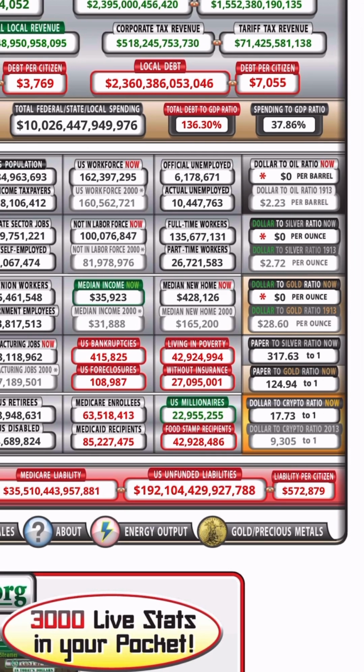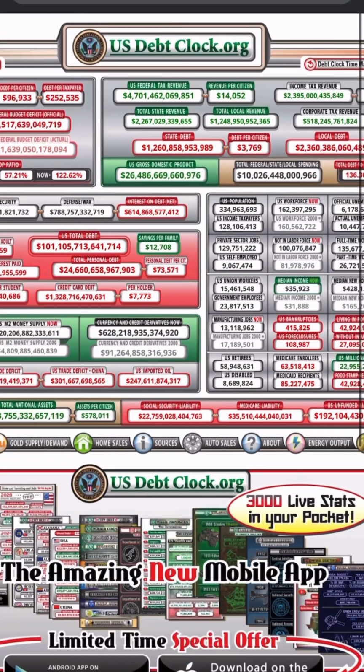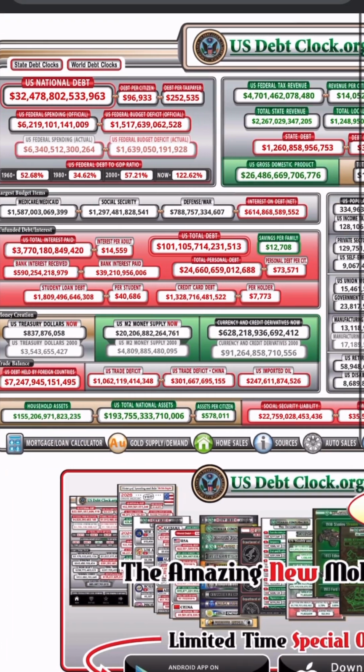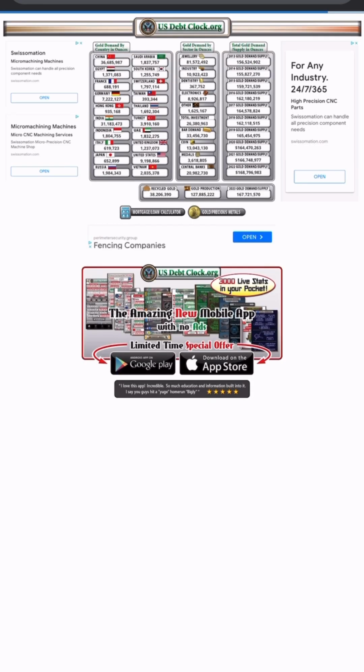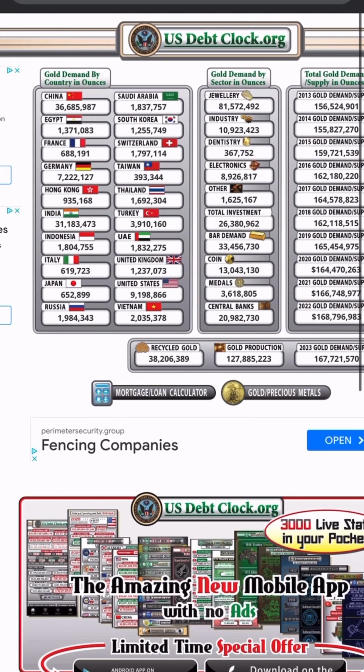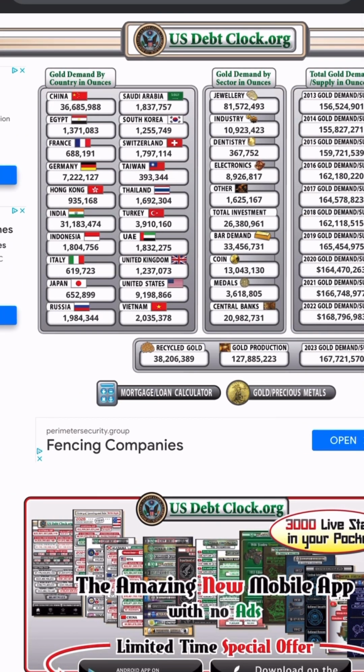That's interesting. That's why I really like looking at this U.S. national debt clock. And let's go over here and look at our gold supply and demand category. Let's zoom in on here. Of course, the biggest supplier of gold is China with 36 million ounces of gold held, followed by the United States.